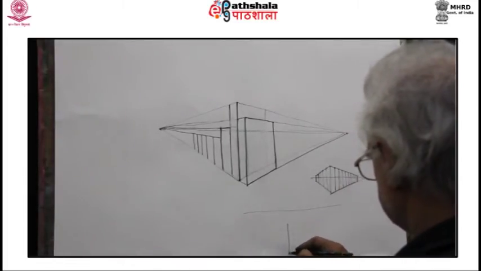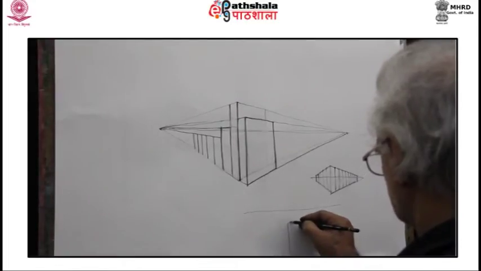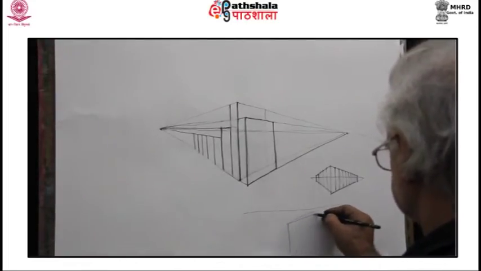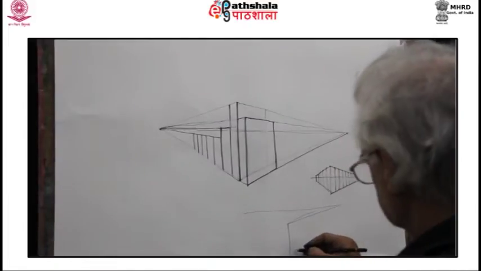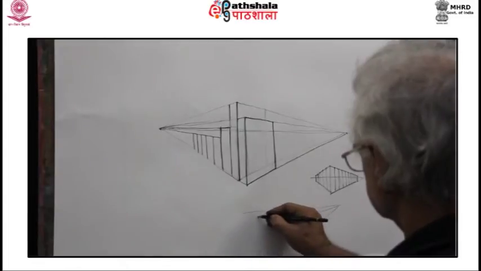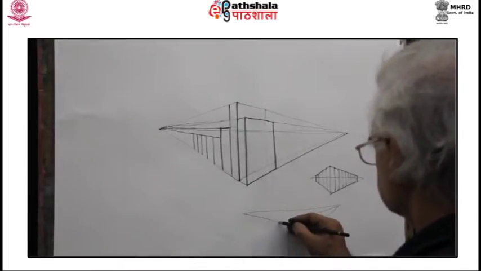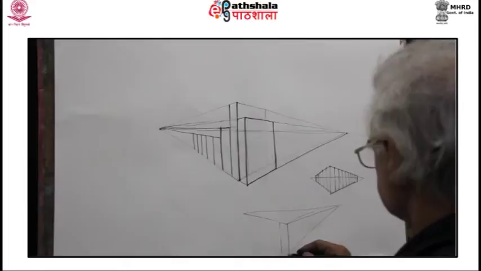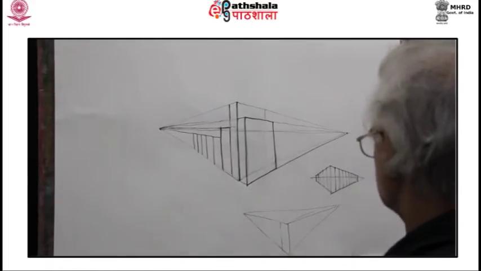Now is the time to draw a below eye level perspective. For this, the object has to be placed below the horizon. Draw a horizon and a line of object below it.